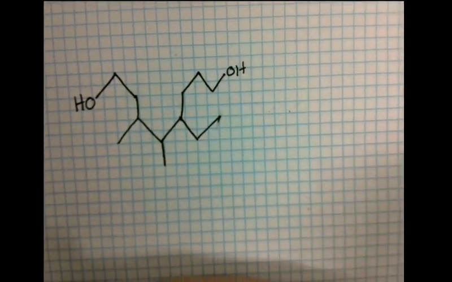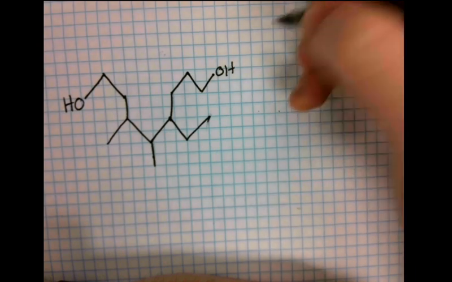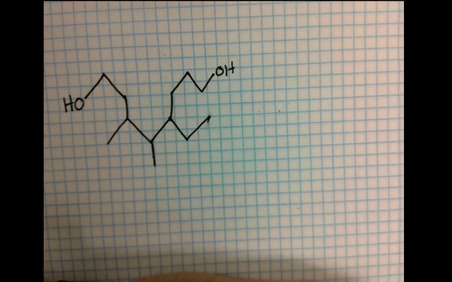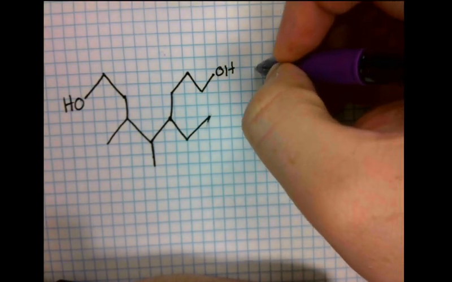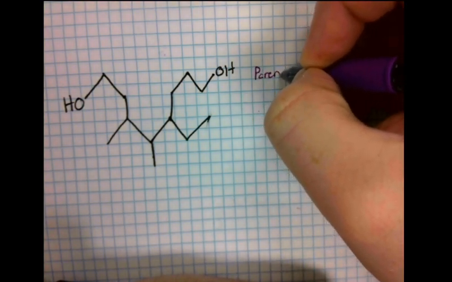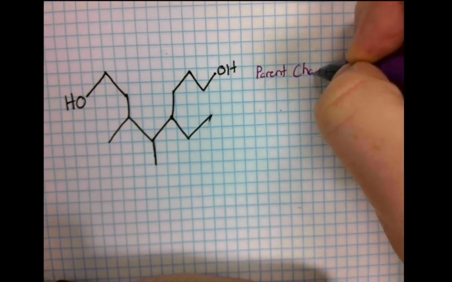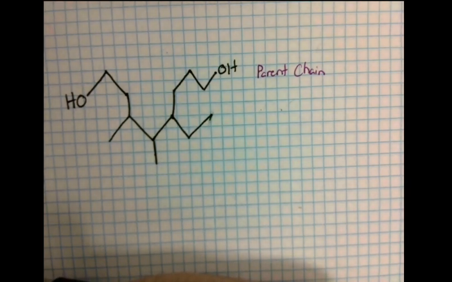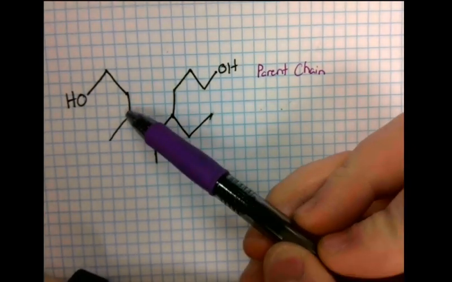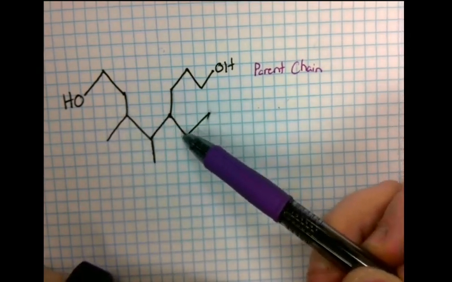Now, when we're naming, I like to list out all of the stuff that I've got. And just like last video, I'm going to use a whole bunch of other colors for this. So first thing I want to know is the parent chain. The parent chain is the longest string of uninterrupted carbons throughout the entire structure. If you go from here to here, that's 1, 2, 3, 4, 5, 6.